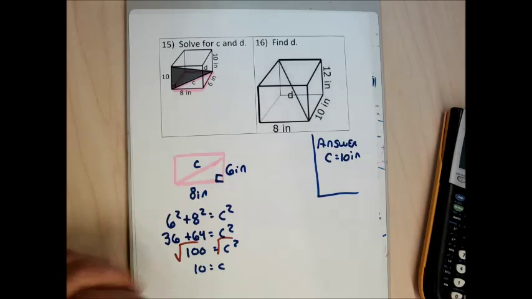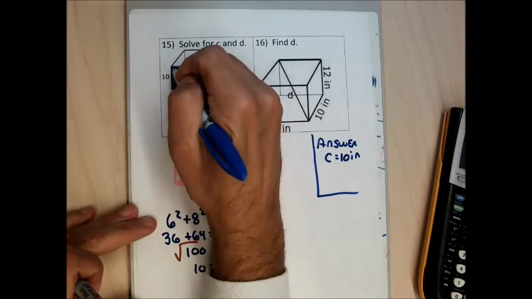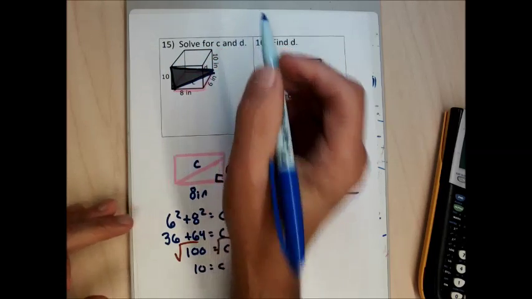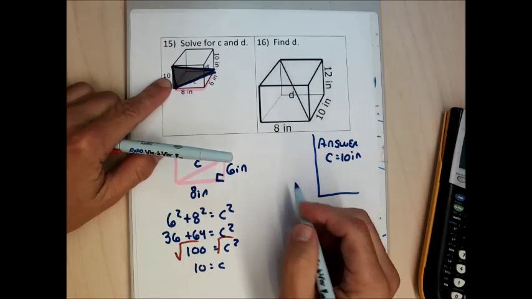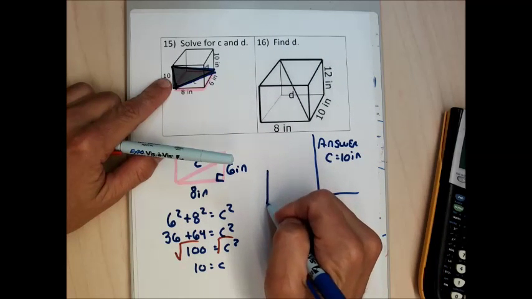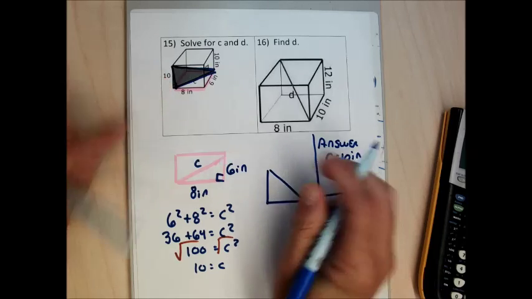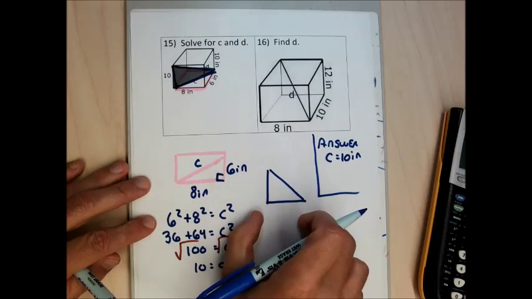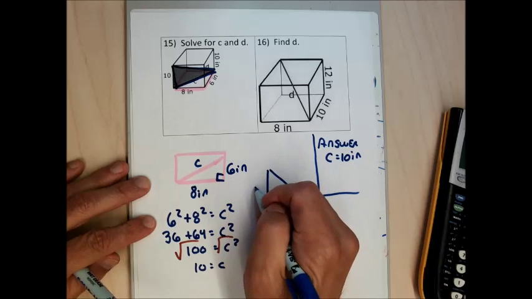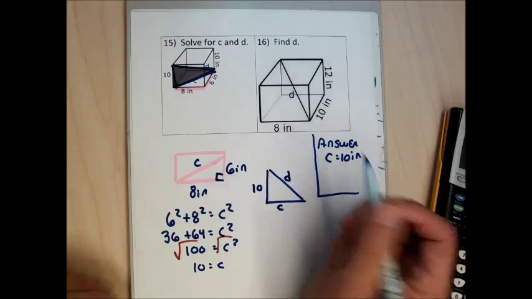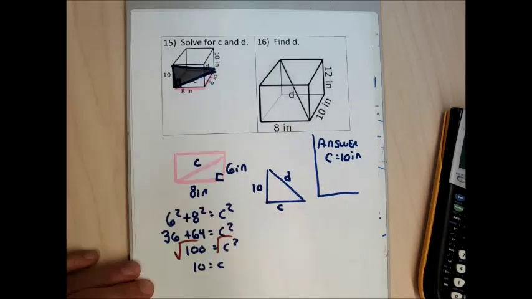Now I need to find the D, and the D is on this triangle. Let me show you what that triangle looks like in perspective. If I took this triangle, cut it out, and put it down here, this is what it's supposed to look like. It has a 10, a C, and a D, and the right angle is supposed to be right there.